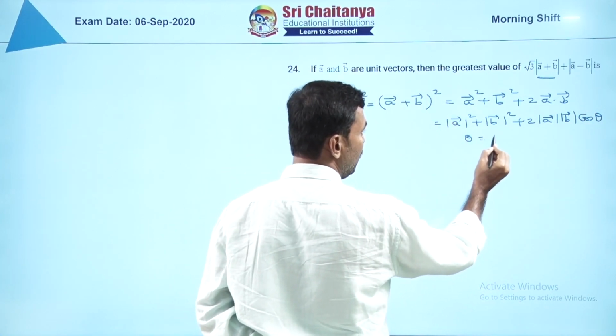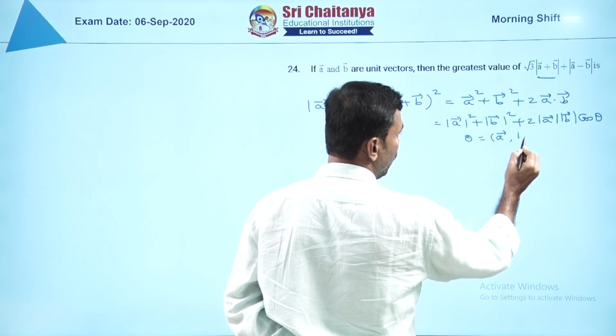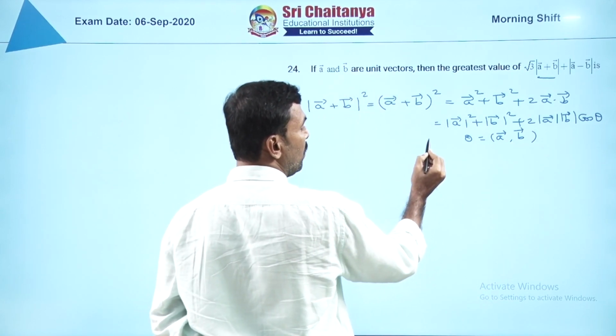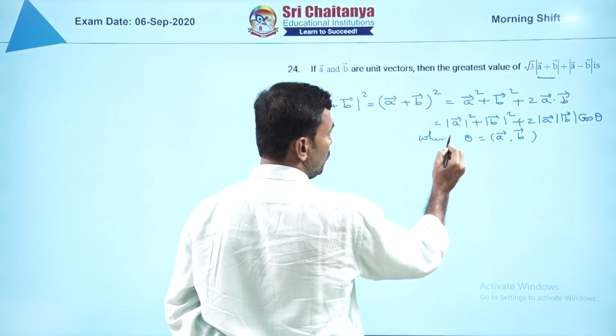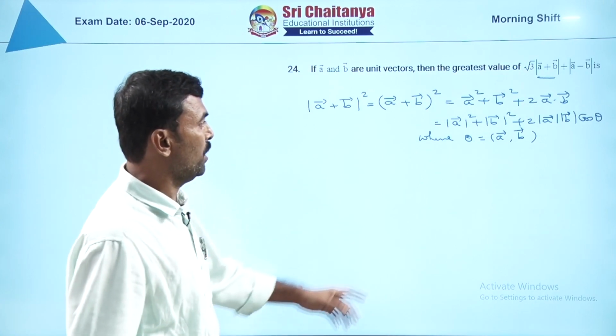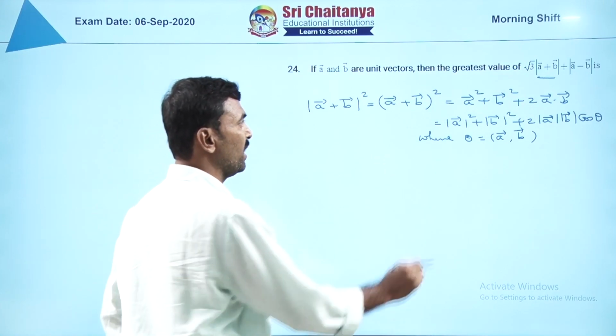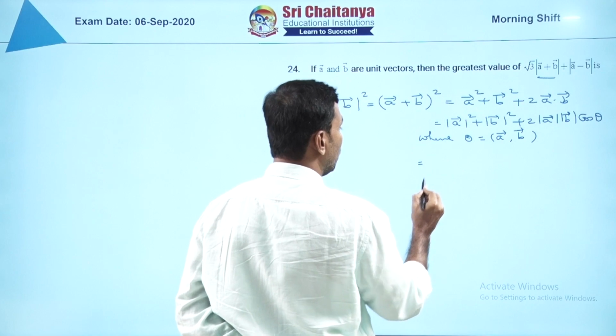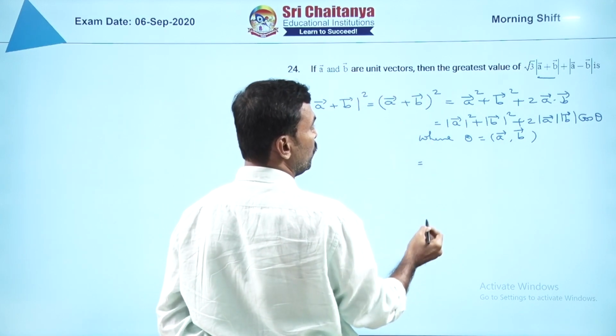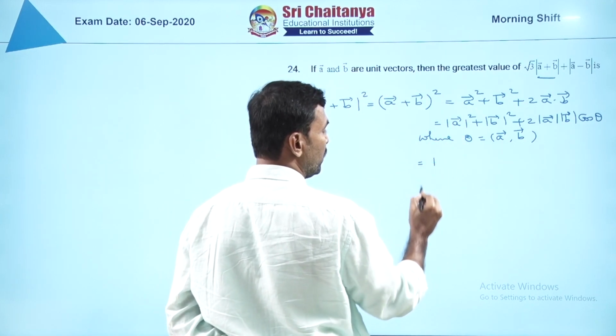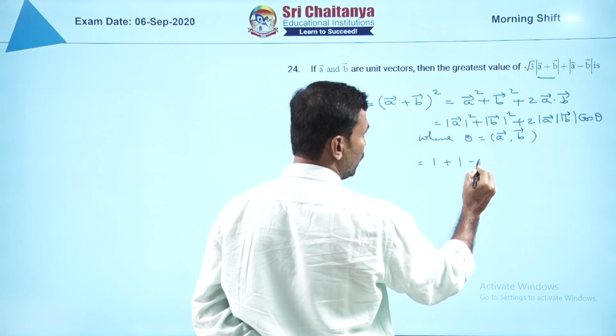What is theta here? I am supposing the angle between A bar and B bar to be theta. But given that A bar, B bar are unit vectors, therefore magnitude of A bar is 1, magnitude of B bar is 1.